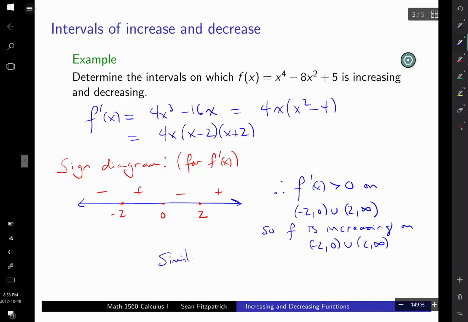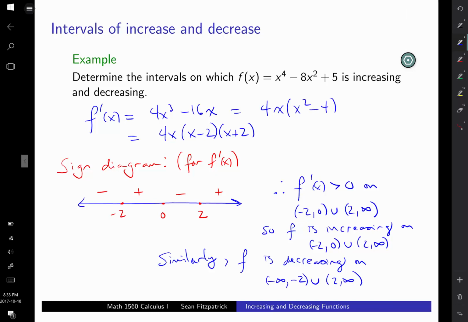And similarly, the derivative is negative on the remaining intervals, and so we can say that f is decreasing on -infinity to -2, and from 0 to 2.